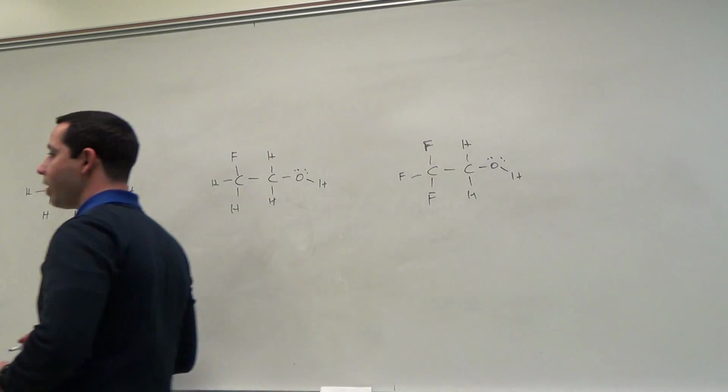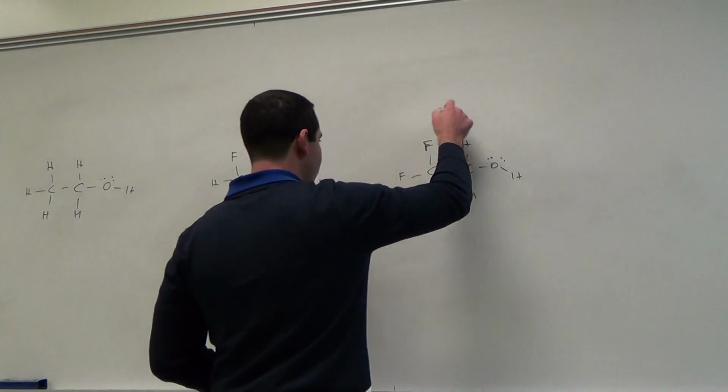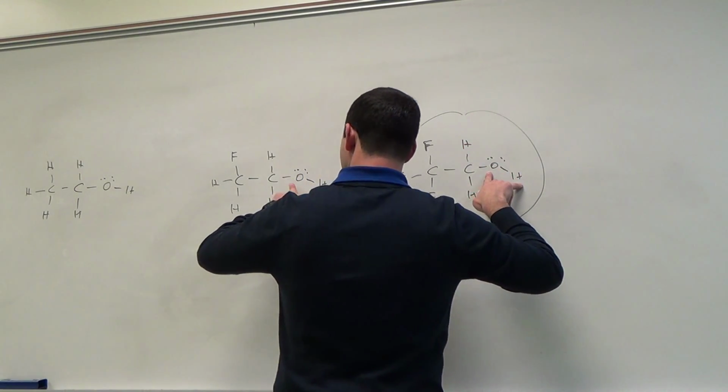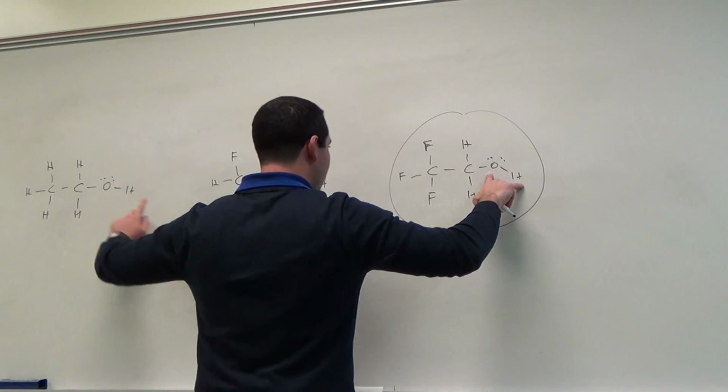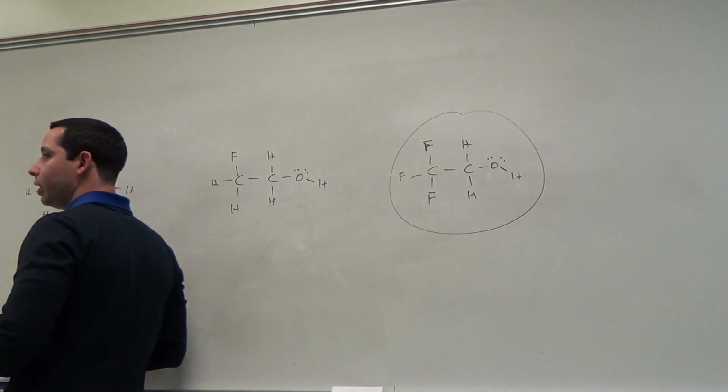Which one is a stronger acid? All the way to the right. This one is a stronger acid. They are all alcohols. But this one has this fluorine here.